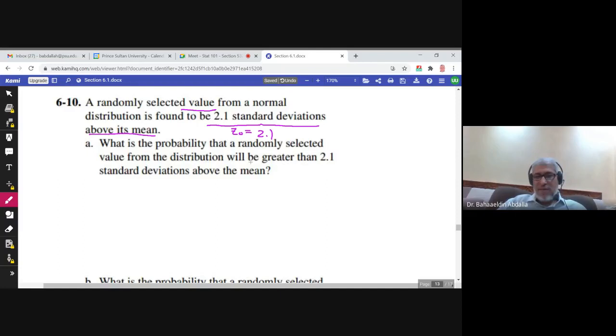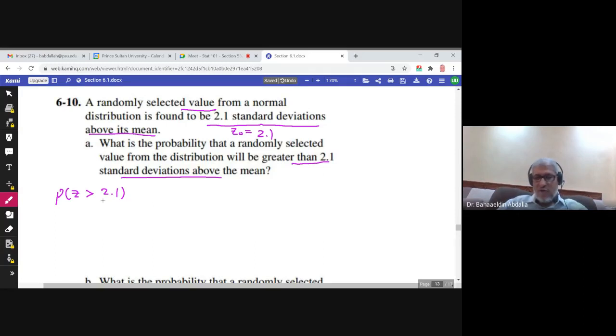So what is the probability that a randomly selected value from this distribution will be greater than 2.1 standard deviations above the mean? In fact, he is asking about X greater than something, but I can write it as Z greater than 2.1, because he says 2.1 standard deviations above the mean.